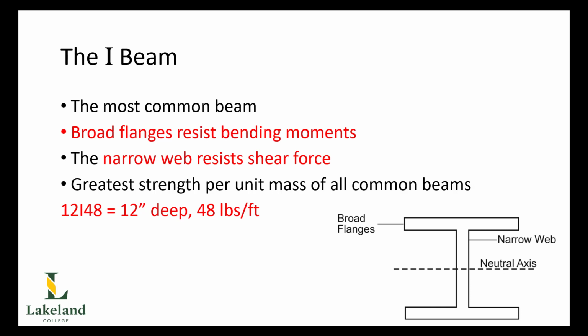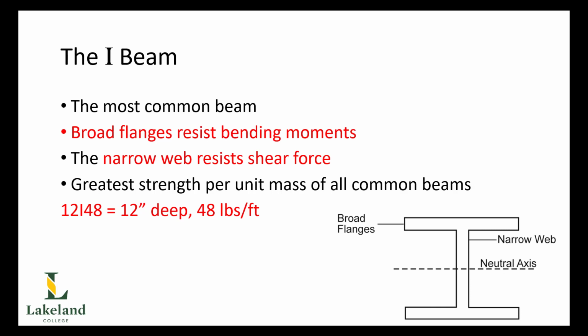Now, when they refer to I-beams, you often see a reference, something like 12I48, that will be stamped on the side of the beam. If you see a reference like this on a beam, say 12I48, this means that the beam is 12 inches in depth and 48 pounds per foot in terms of its strength per unit mass.